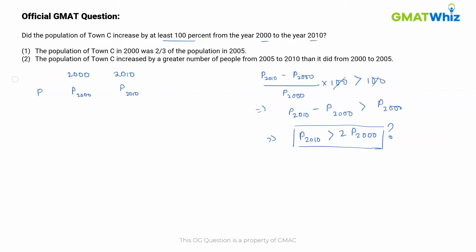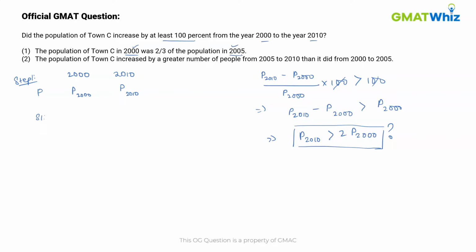So in step 2 we have statement 1. Statement 1 tells us that the population of town C in 2000 was 2/3 the population in 2005. Now for those of you who are giving the exam and do not want to waste time, save time actually, you can deduce from the statement that the relation for the population in the town is given for the years 2000 and 2005.